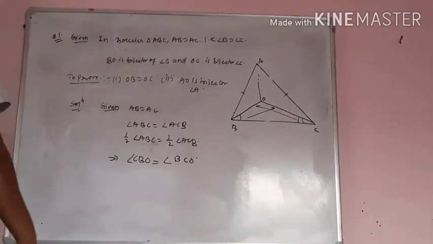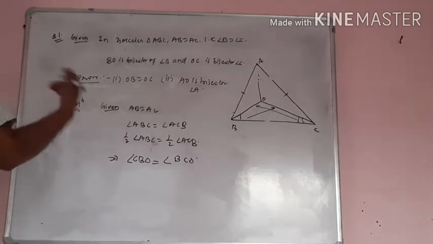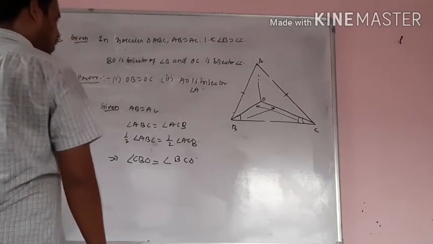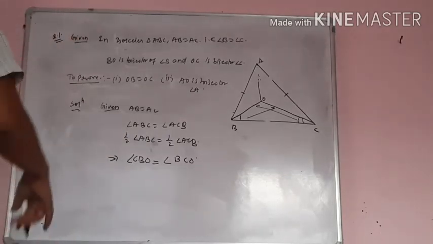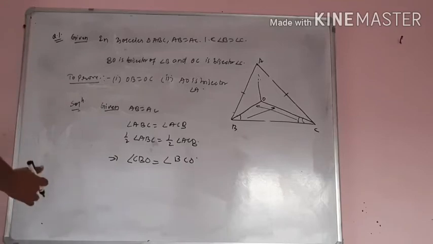How can we assume? By theorem 7.3. In theorem 7.3, in a given triangle when two angles are equal, then their opposite sides are equal.